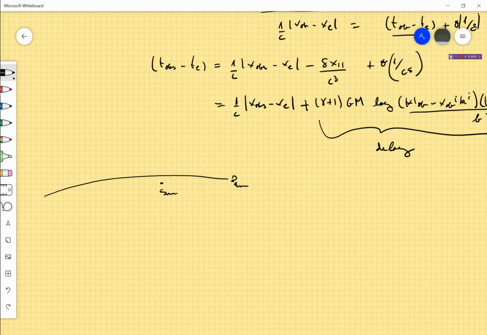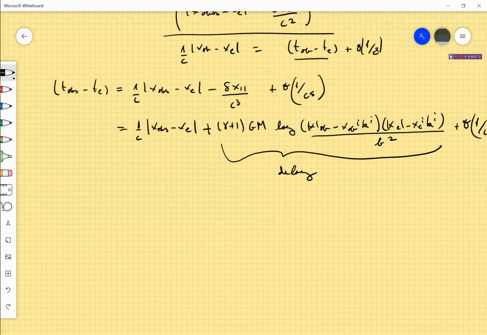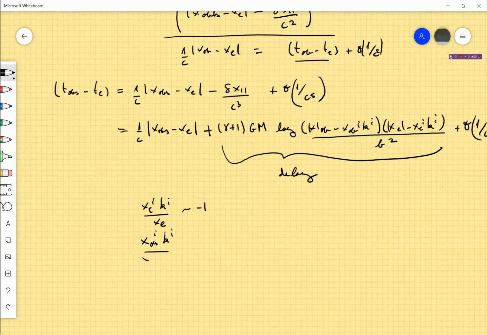And then in that case, as we saw before, you can make the approximation that the product of xe i ki divided by xe is more or less -1, and for the observation, divided by, this is an absolute value always, this is more or less +1.